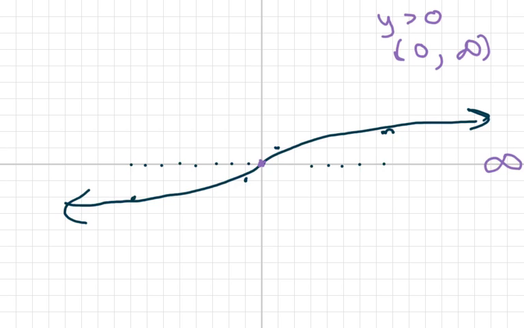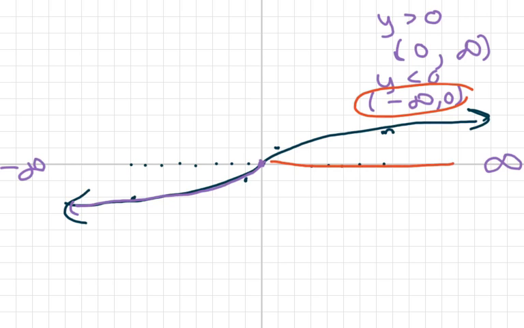Y is negative in this quadrant 3, so y is negative from negative infinity to 0. We're just talking about your x values here.